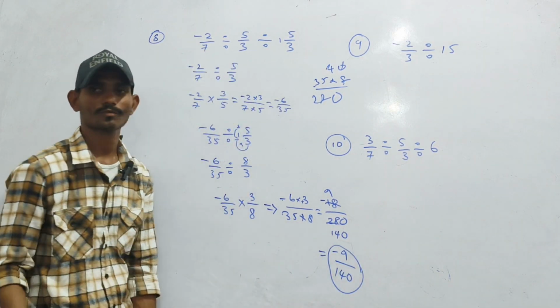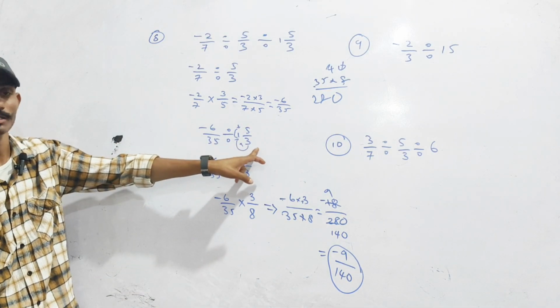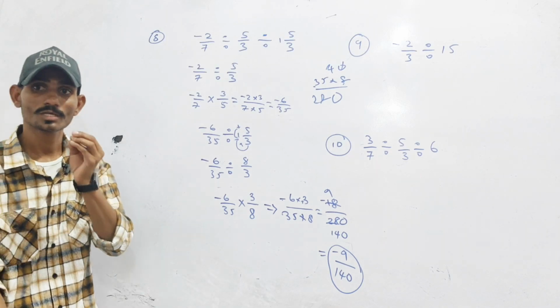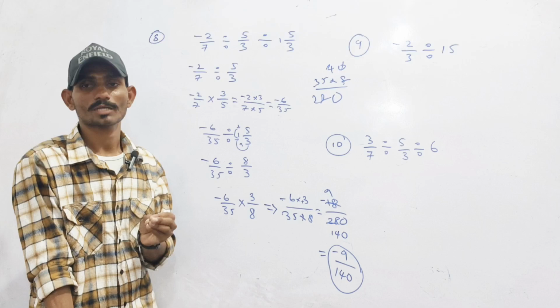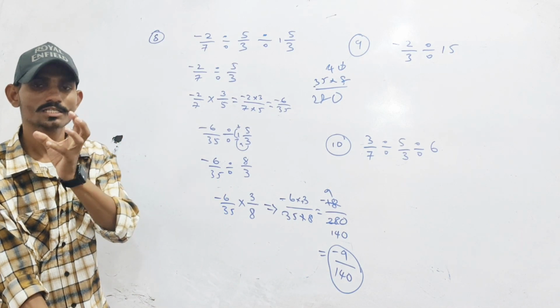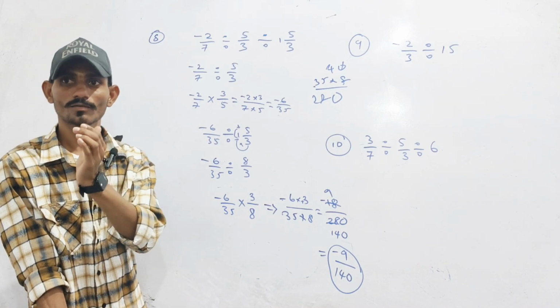Minus 9 by 140. But when you are getting a mixed fraction, you should convert it into an improper fraction. After that you are solving. Let's observe, all of you focus. The fraction may be addition, subtraction, multiplication or division. When we are getting addition and subtraction of fractions, they are like fractions or unlike fractions.